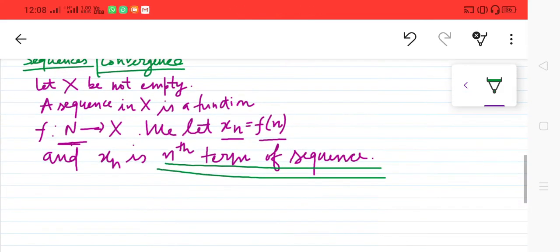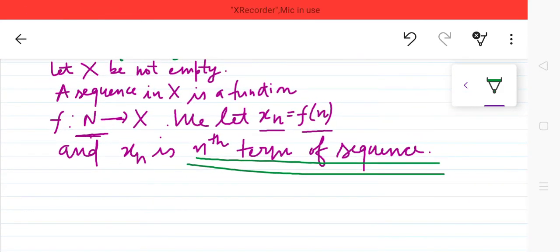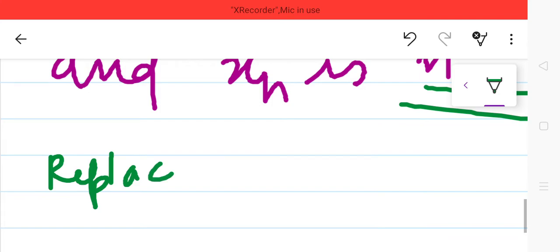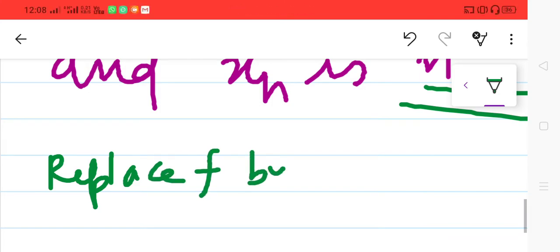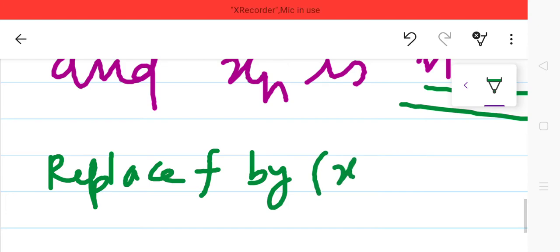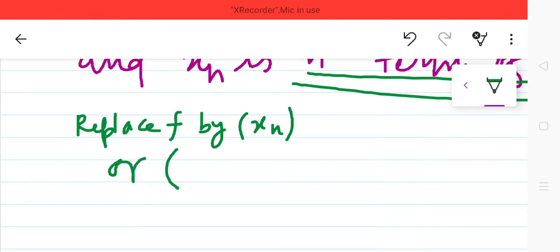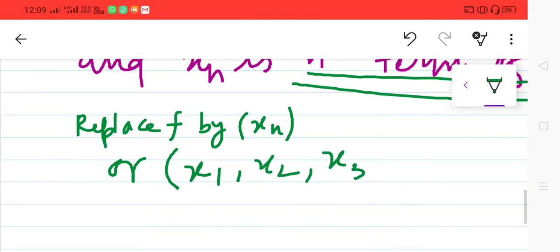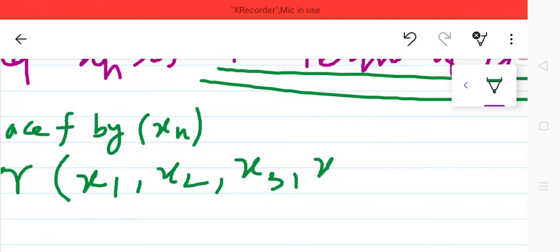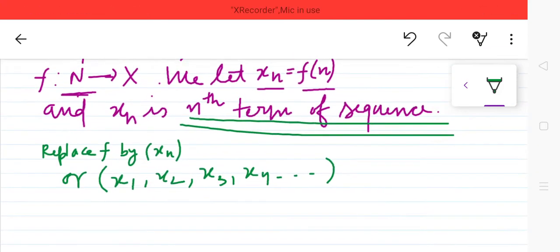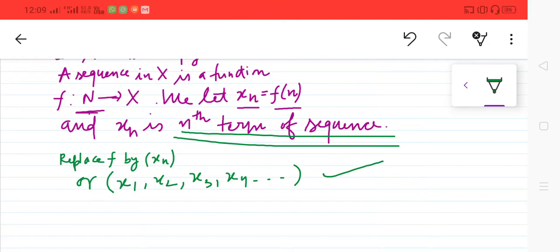You can replace this function f by xn. The function values are x1, x2, x3, x4, and so on, moving along. So this is the whole thing, and this is the sequence definition.